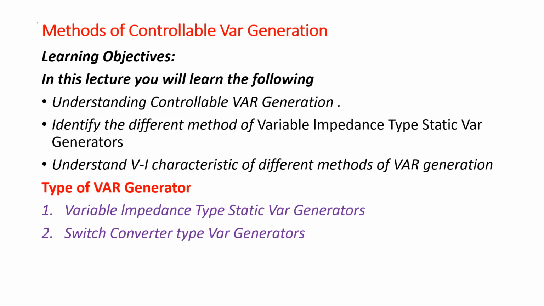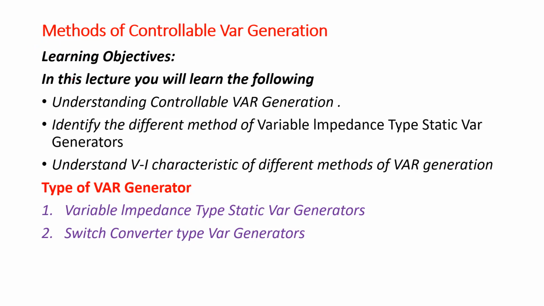Whenever we are connecting shunt devices or shunt FACTS controllers, they should either generate reactive power or absorb reactive power under different conditions. So there should be some method which controls the VAR generation, whether it is absorption or generation. Simply, we are calling it VAR generation.